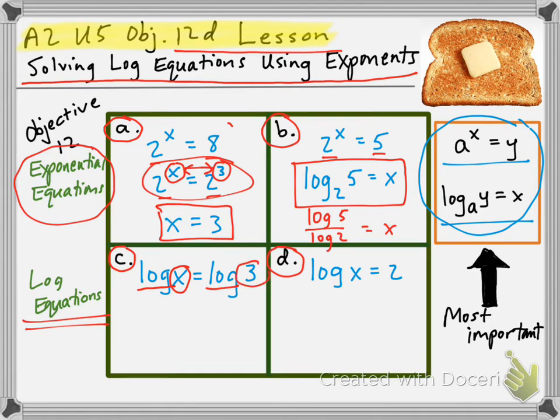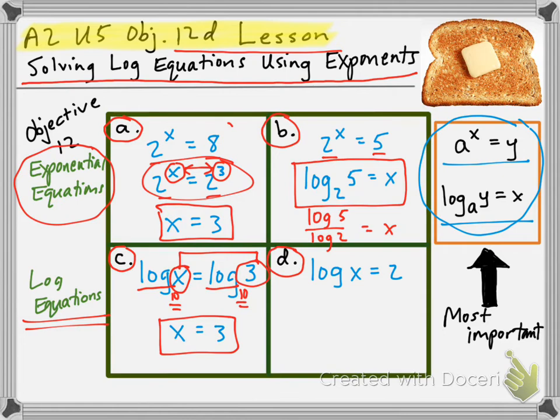But for log equations, when the bases are the same, and here again, when we see log and no base, we know that the base is 10, we equate the arguments. It's very similar to solving exponential equations using the properties of exponents. Here we're solving logarithmic equations using the properties of logs.